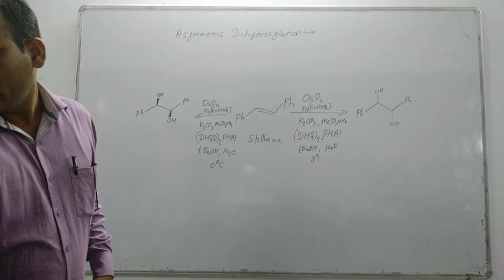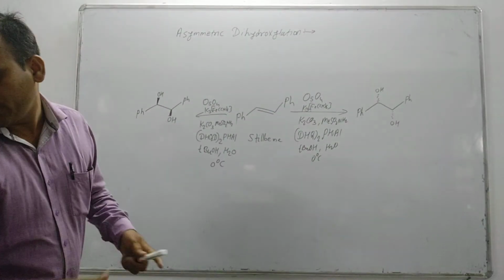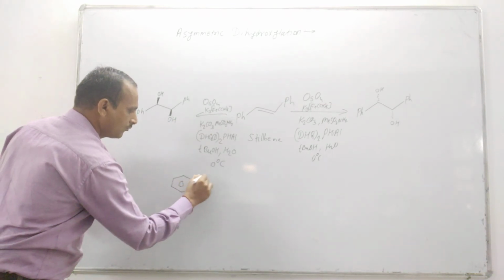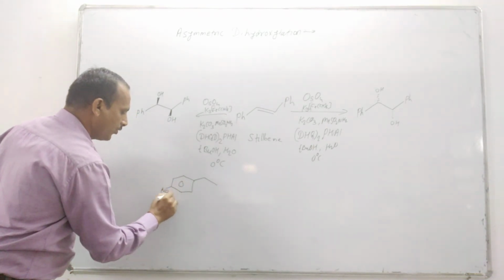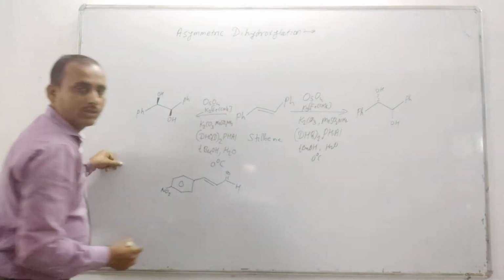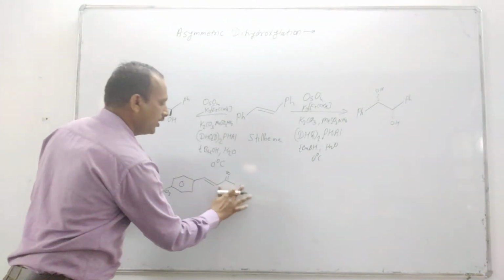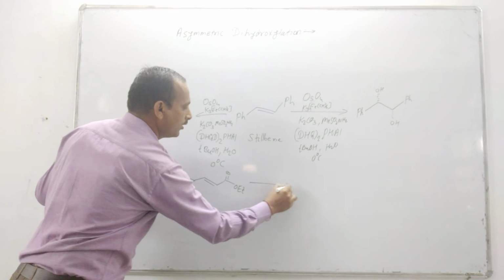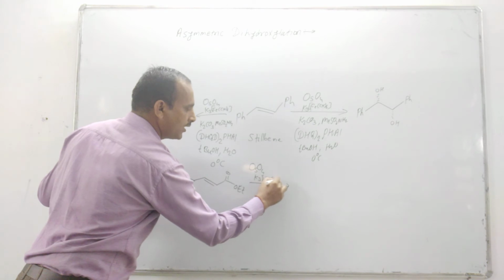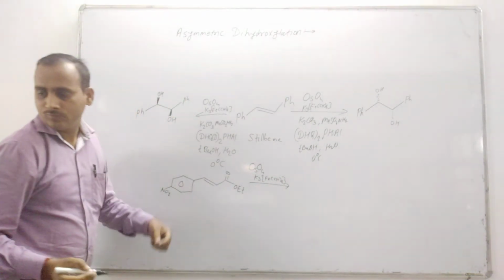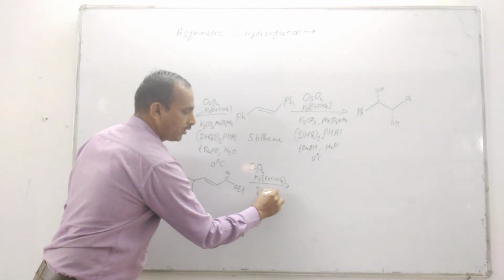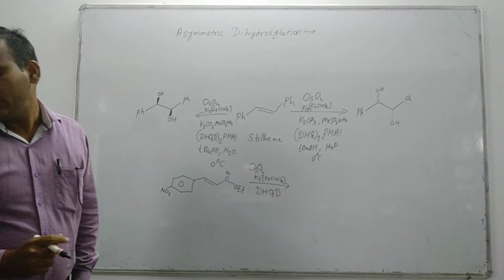Okay, let's see another example for the same reagent. NO2, double bond, C double bond, OH, OEt, osmium tetroxide, K3Fe(CN)6 and DHQD containing ligands.